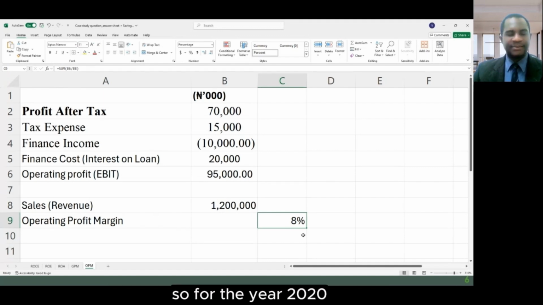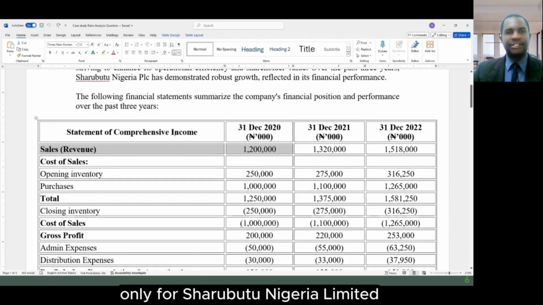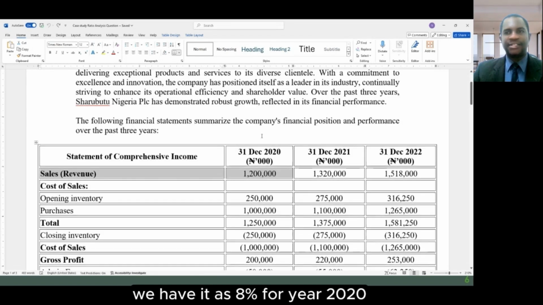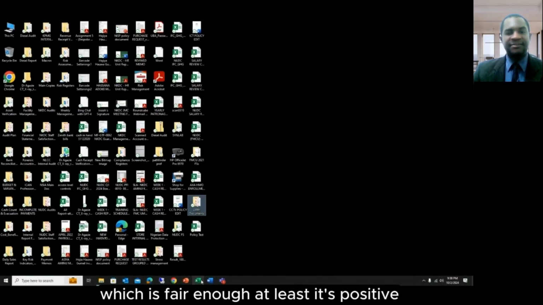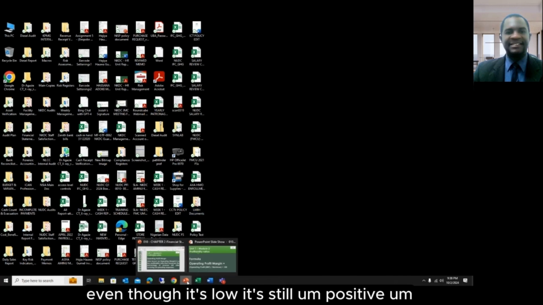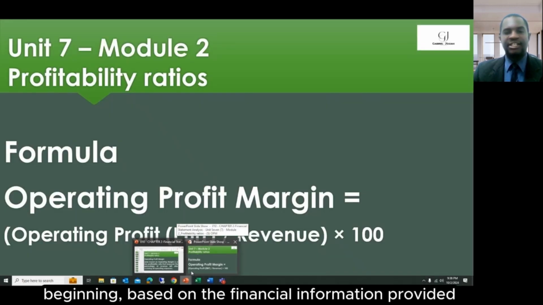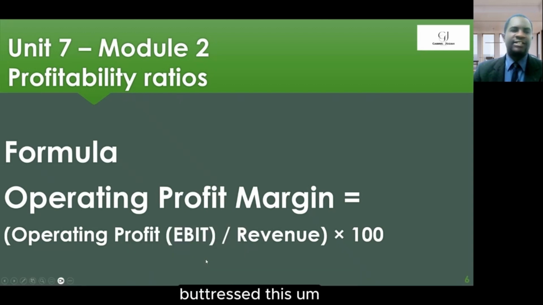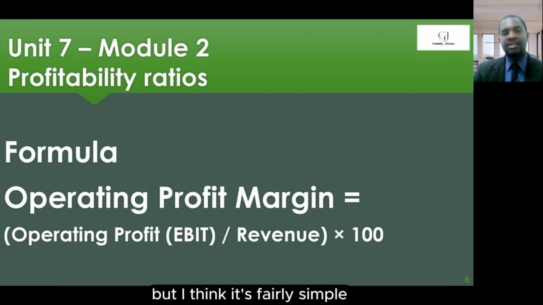So for the year 2020, for Sharobutu Nigeria Limited, we have 8%, a positive figure, which is fair enough. At least it's positive, even though it's low, it's still a positive beginning based on the financial information provided to us. You could see we buttressed this formula with a practical calculation, and I think it's fairly simple.